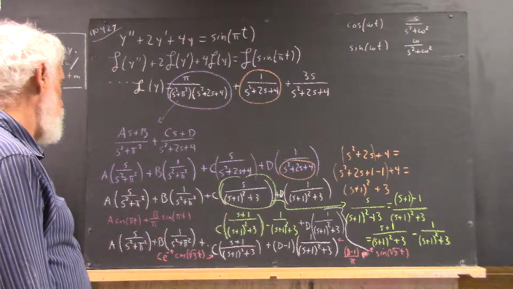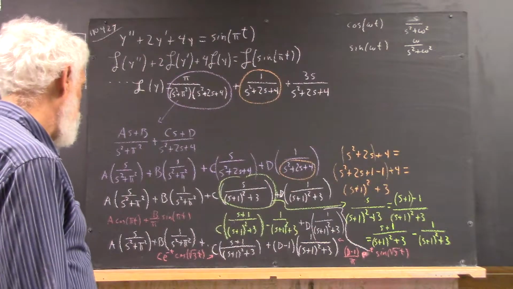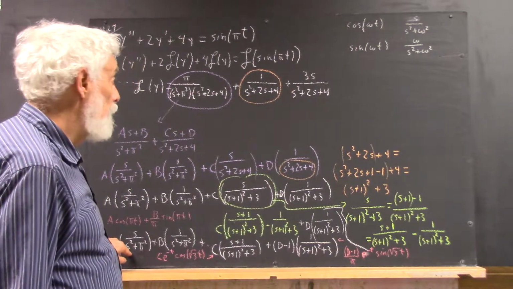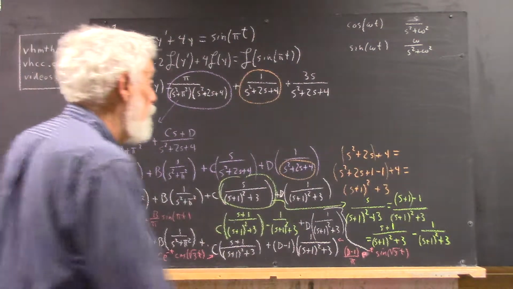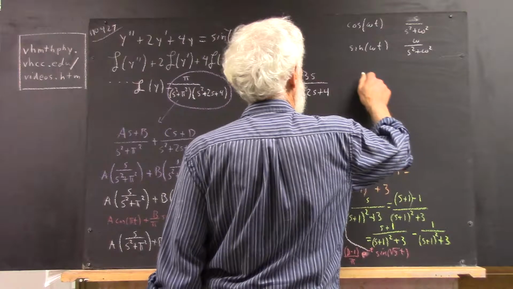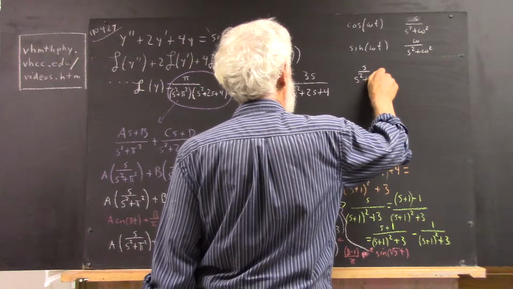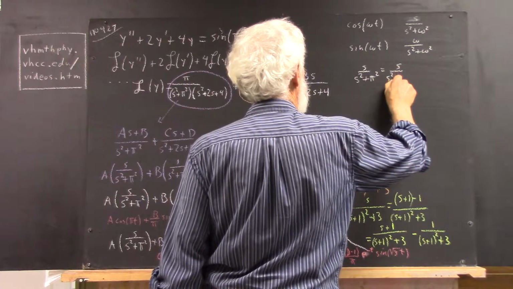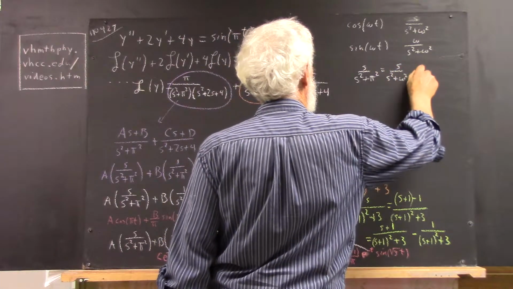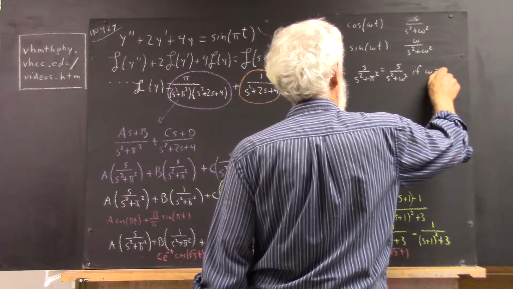So let's just talk for a moment about how we get this. Well, this one is really obvious. S over S squared plus pi squared equals S over S squared plus omega squared if omega equals pi.